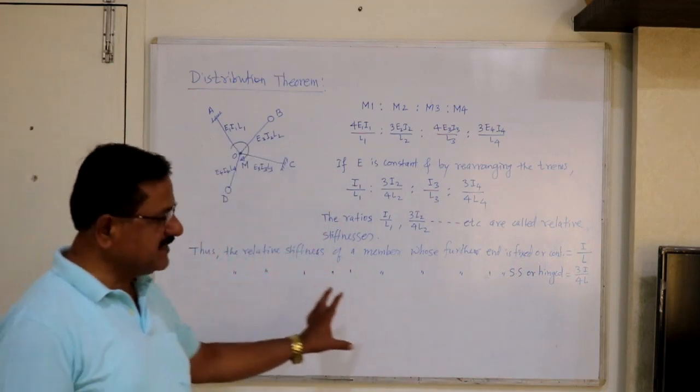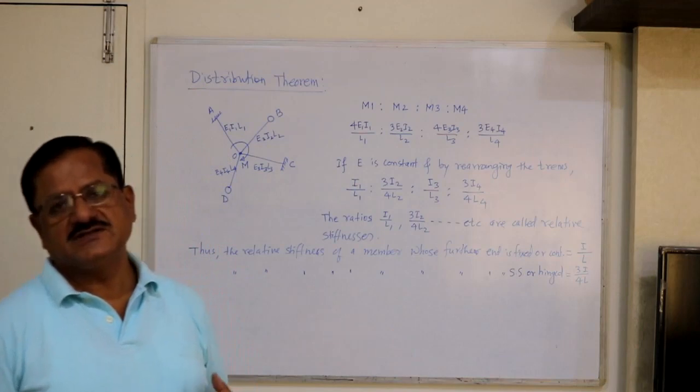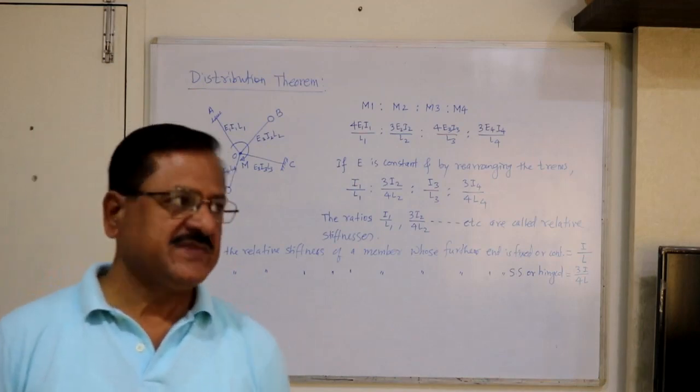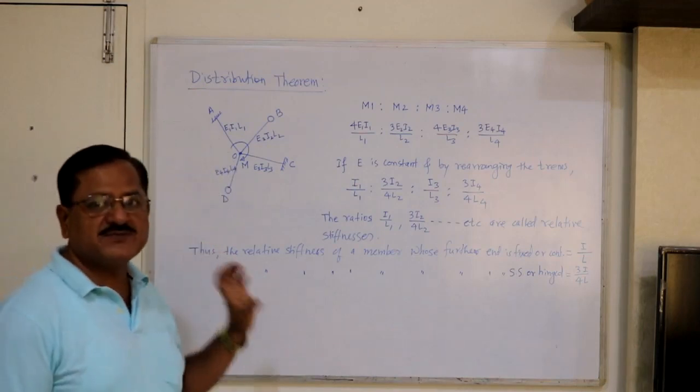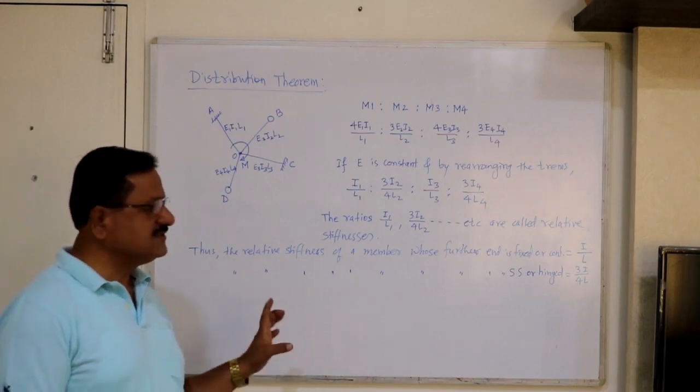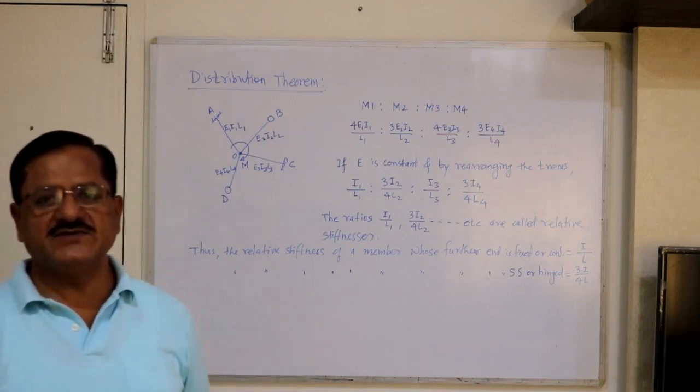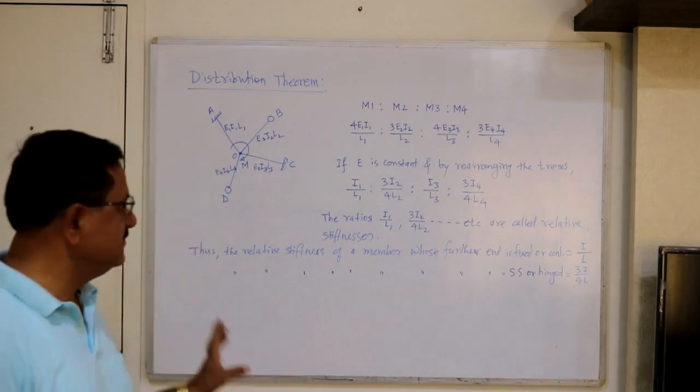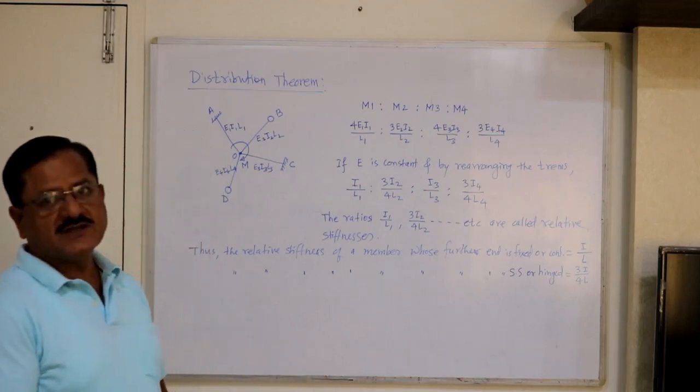And they prepare a table to find the distribution factor at the joint. But we are going to use absolute stiffnesses, and we are not going to prepare a table. Directly we will calculate the distribution factors.